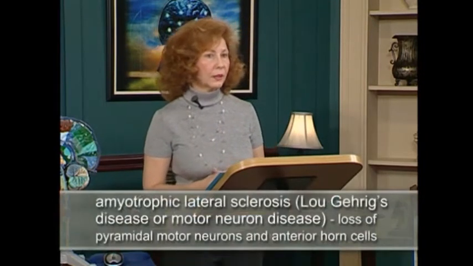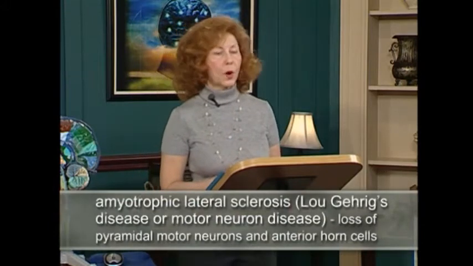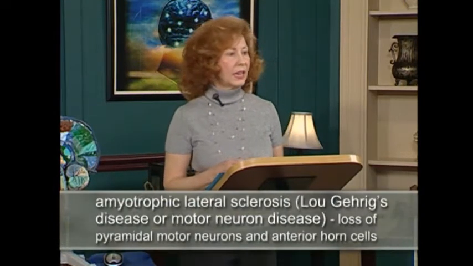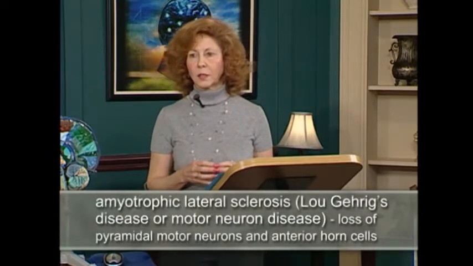Now, there is another disorder that is going to affect the corticospinal system and those neurons in the spinal cord. This is a disorder, amyotrophic lateral sclerosis, probably better known in the United States as Lou Gehrig's disease, and in England as motor neuron disease.